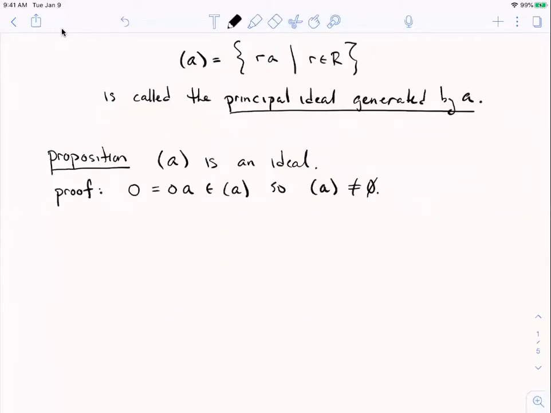Okay, for closure under addition, I'm going to take two elements of it. Let's suppose we've got, say, X and Y, and they're in parentheses A. And what does that mean?